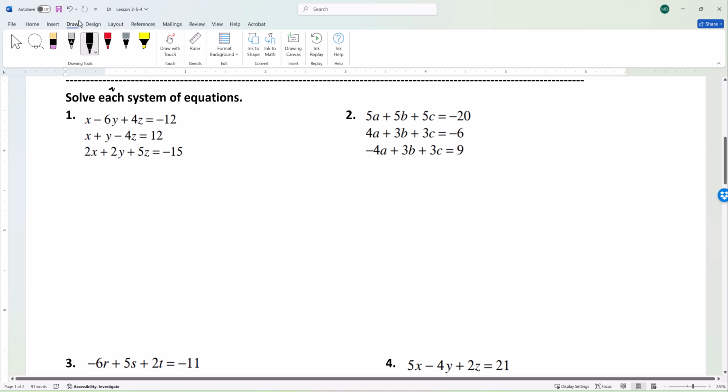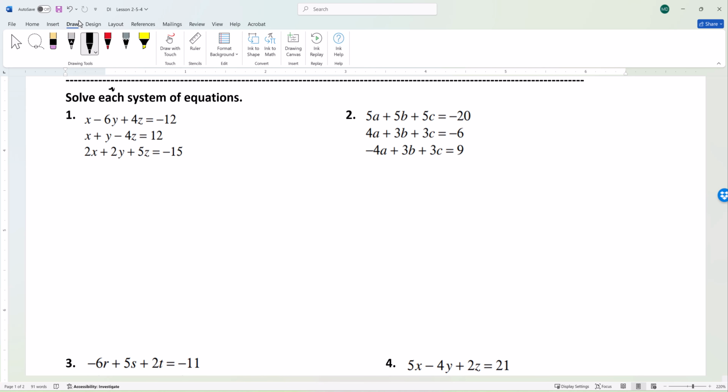So solving a system of 3 variable equations, usually the strategy here is the elimination method. And we use Gaussian elimination to help us with this. The strategy, very similar to the other elimination method, is you want to eliminate a variable.